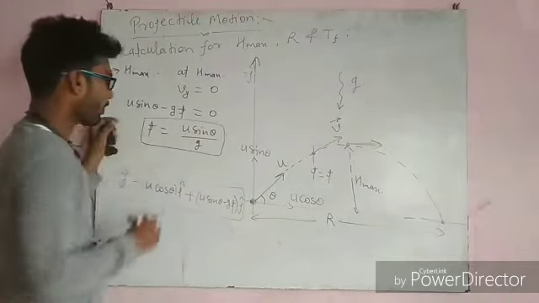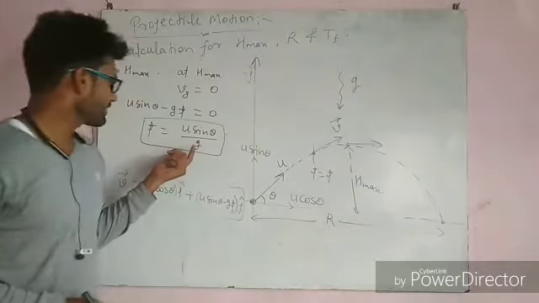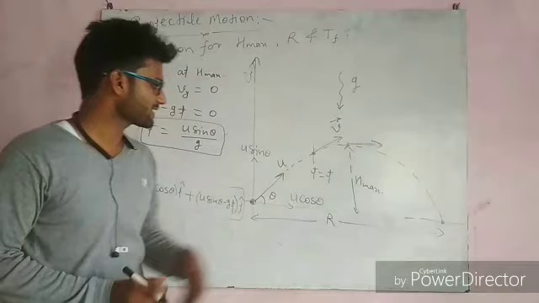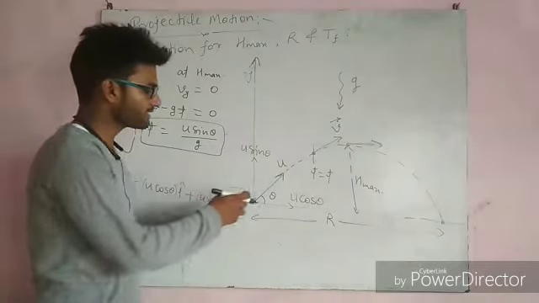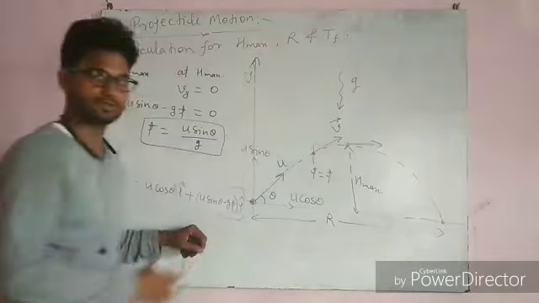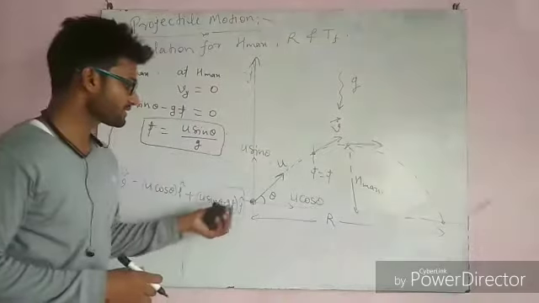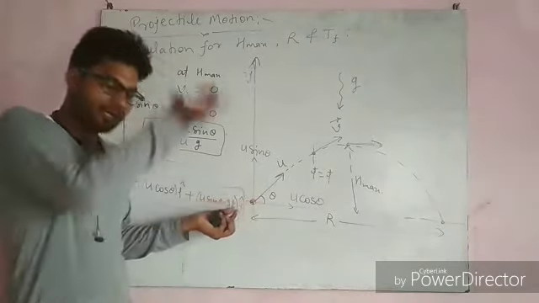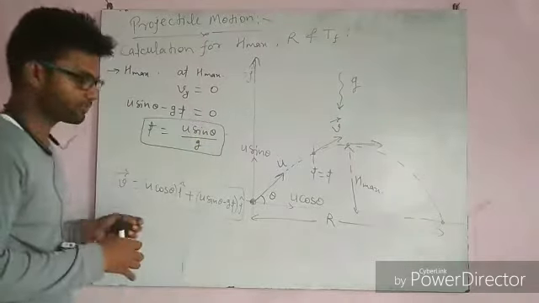And this is not ordinary time. This is the time at which the particle is at maximum height, and this time is called the time of ascent. Time of ascent means the particle is reaching the height in this particular time span, right?